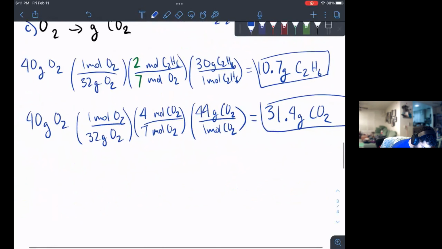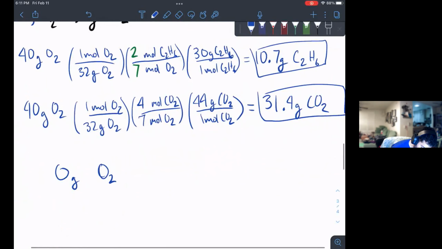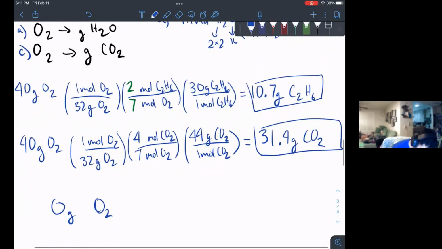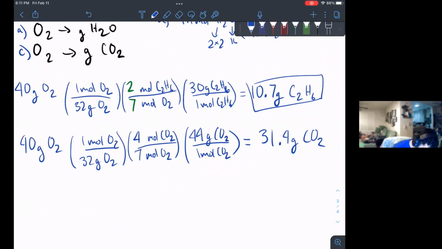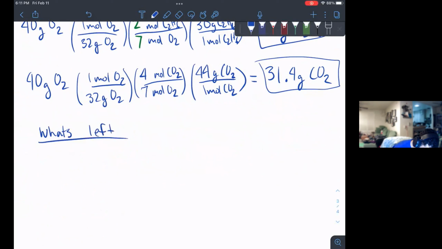When we look at this equation, we're going to have 0 grams of oxygen remaining. Oh, sorry, my bad. Let me start this one right back over. So if we look at what's left, we started with 40 grams of oxygen and we used all 40 because it's limiting. So we have 0 grams O2 remaining.